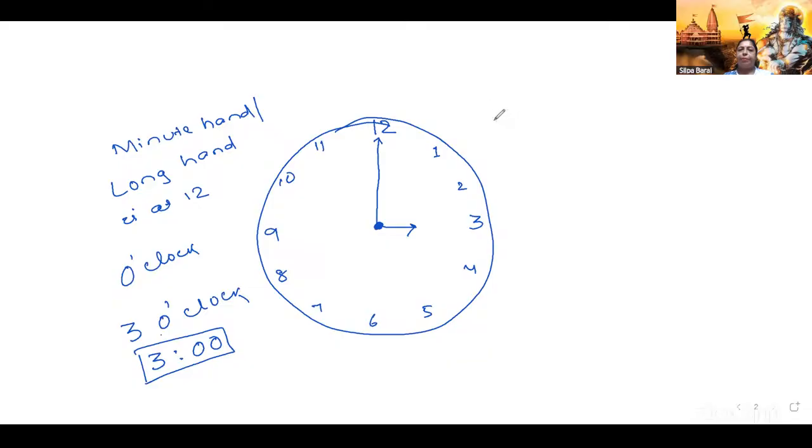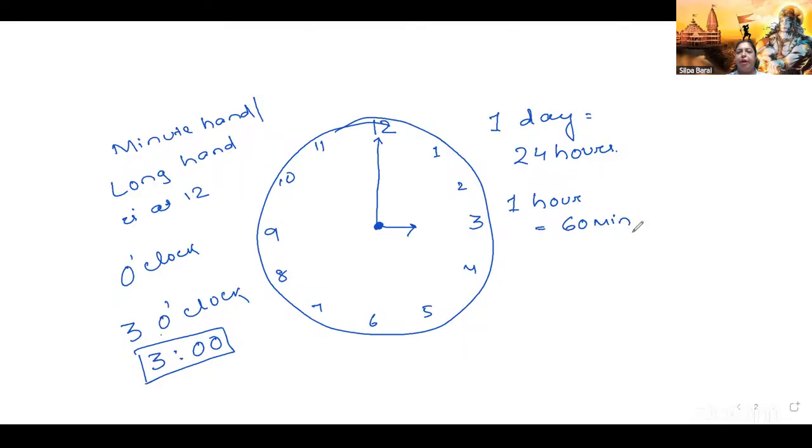Now all of you tell me, one day is how many hours, beta? One day is how many hours? This is 24 hours. And 1 hour, all of you know, 1 hour is 60 minutes.